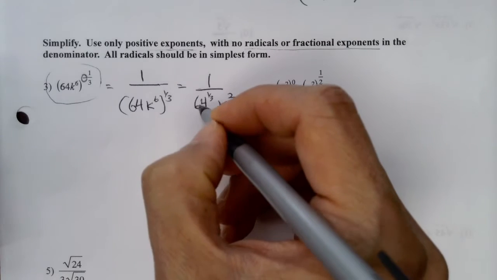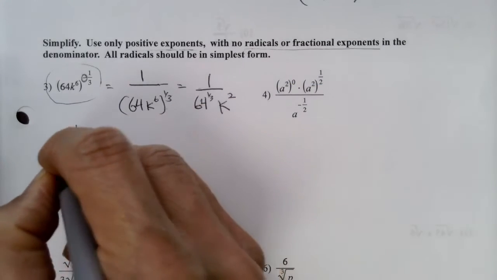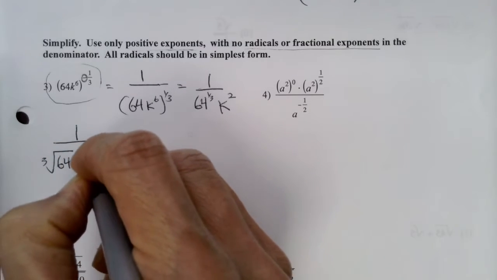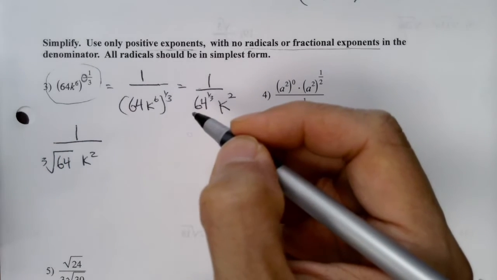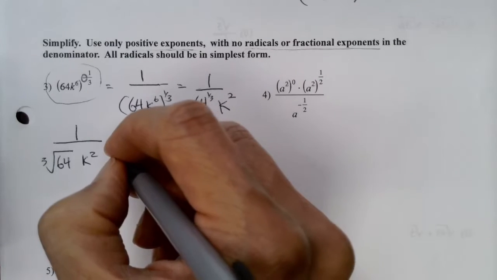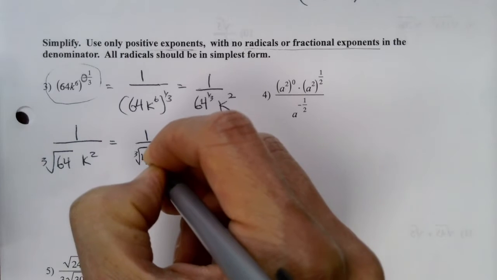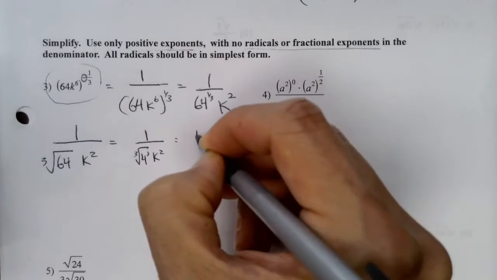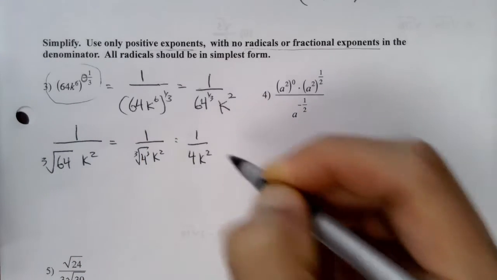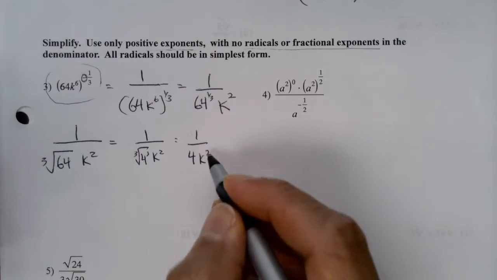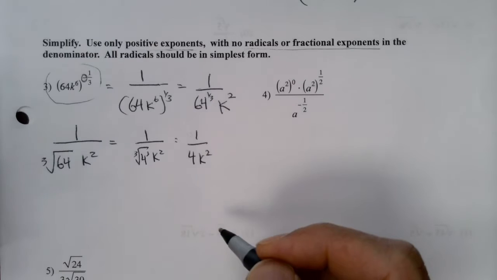Now 64 to the 1/3, I'm going to need to think of as the cube root of 64. And since 64 is 4 cubed, that's going to be the cube root of 4 cubed, which is 4. So then I end up with 1 over 4k squared. Positive exponents, no rational exponents, so I am all set.